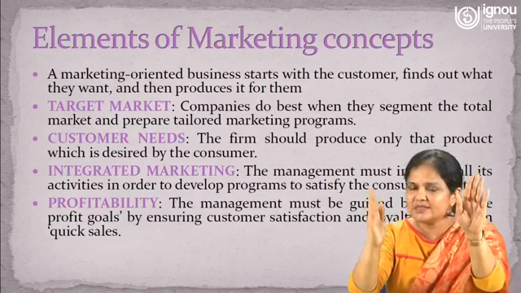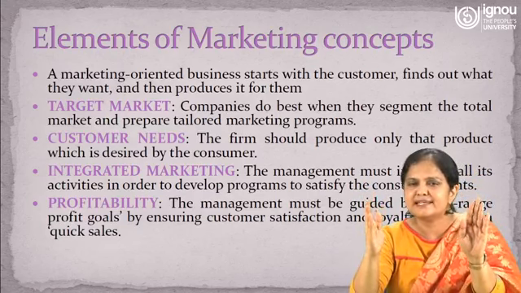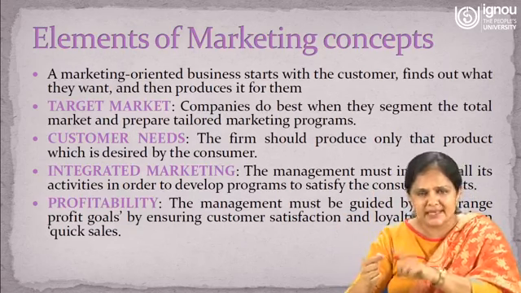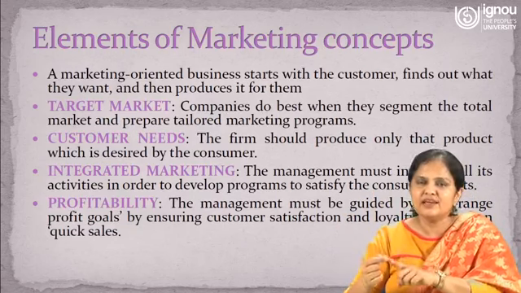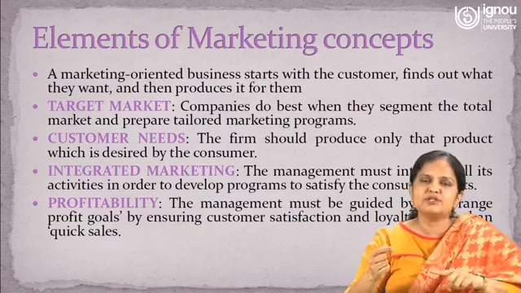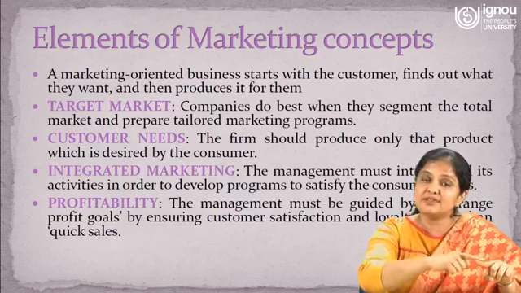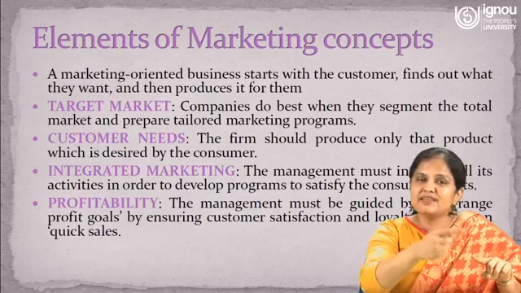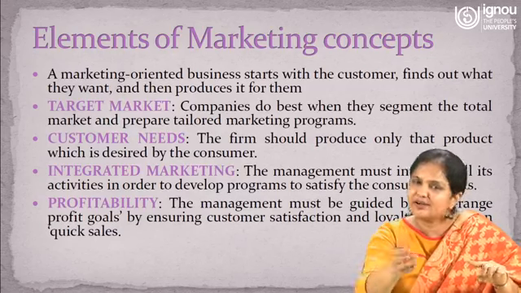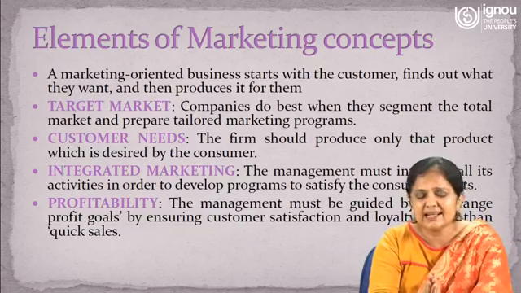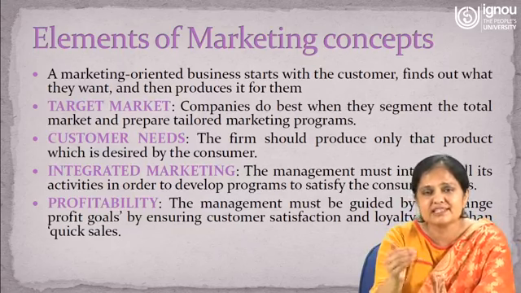First you identify the customers, then you identify their needs, then you produce the products accordingly, price it accordingly, and then make it available to the customers easily. And then you also take feedback, because this will tell you whether you need to improve something or whether it is going okay. So this is one thing. And as I said, there are four important pillars in this concept of marketing.